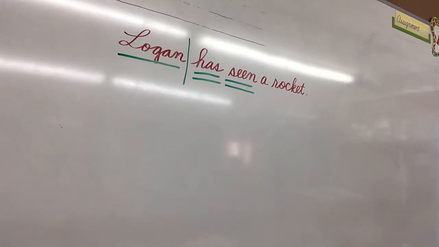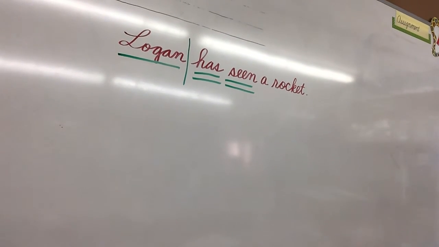All right, one more. The large branch was broken. Where are we going to divide that one? Eric. The large branch. So after branch. Very good. After the word branch, divide it. And then look at the predicate part of the sentence. It says was broken. So Adam, what is the verb phrase? Was broken.